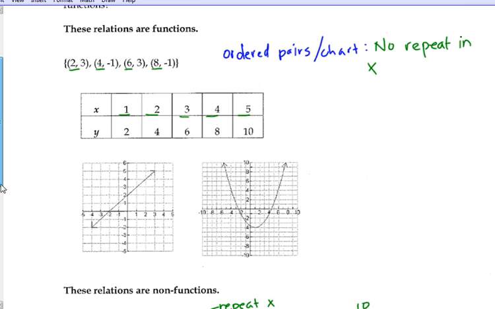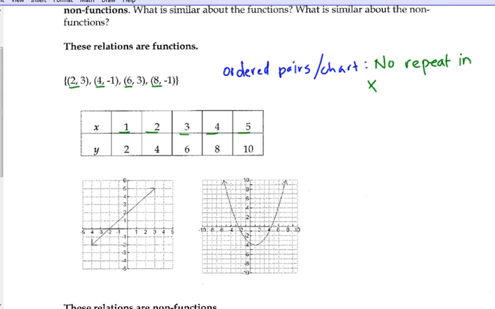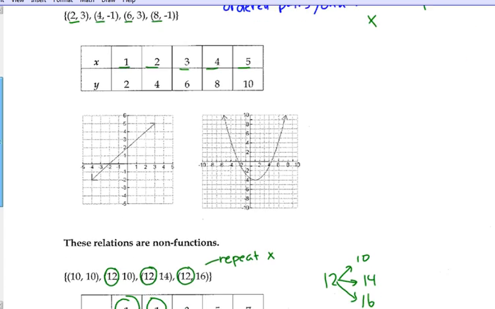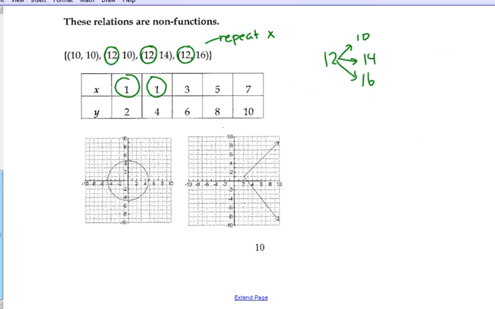Now let's look at the graph. And let's remember, let's go up for a second. Remember that a function is when each x has only one y value associated with it. So look at this graph here. These two graphs are functions. The bottom two are not functions. Why are the bottom two not functions? Give me an example for the circle.